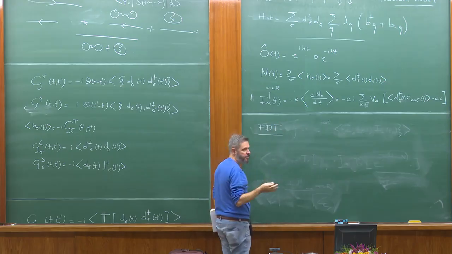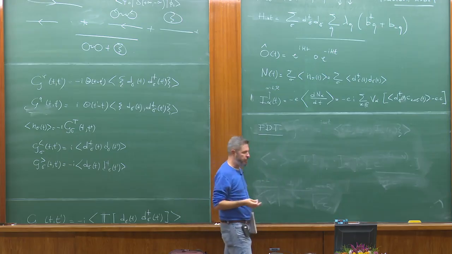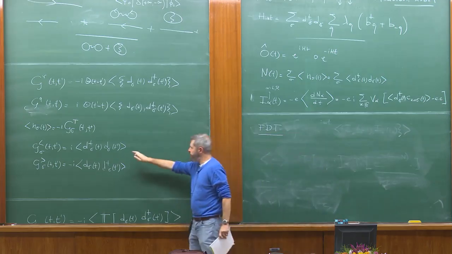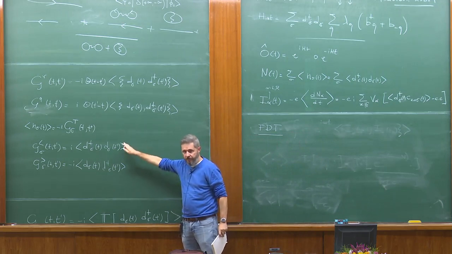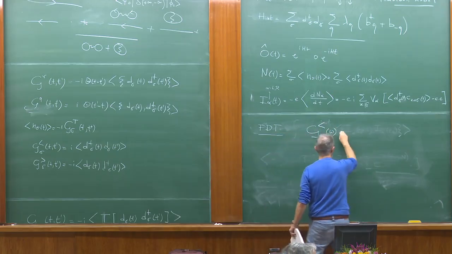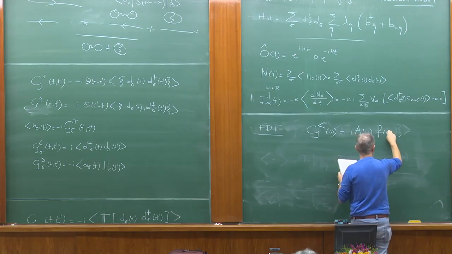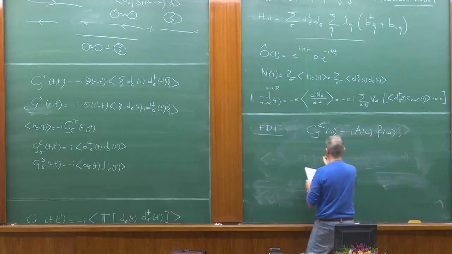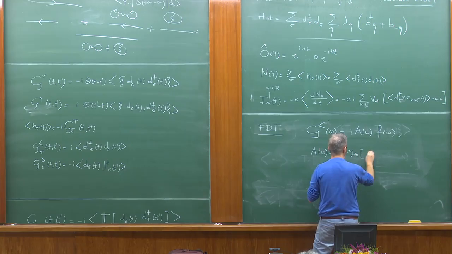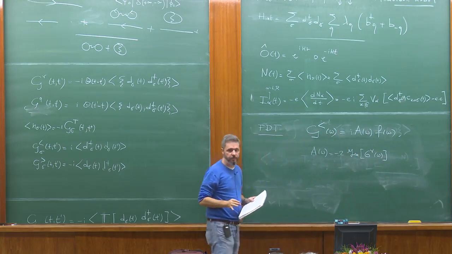It's perhaps a version of the fluctuation dissipation theorem, but not the usual one we are used to, in which we say, if I want to compute this Green function that is connected to the average of operators, I can easily prove that this is equal to i times A of omega times F of omega, where A of omega is minus twice the imaginary part of the retarded Green function, and F of omega is the Fermi-Dirac distribution.